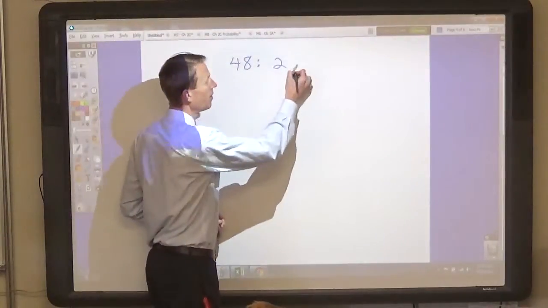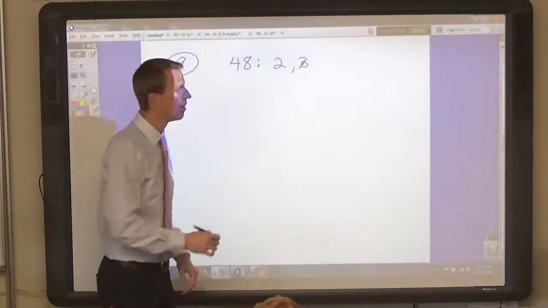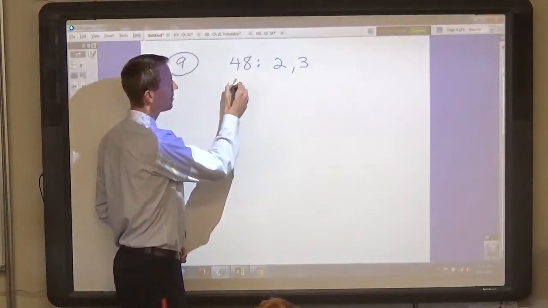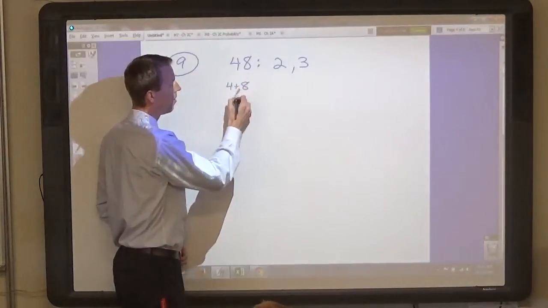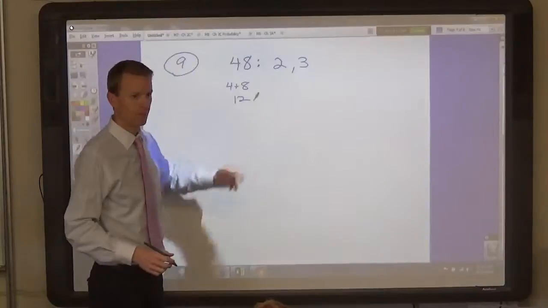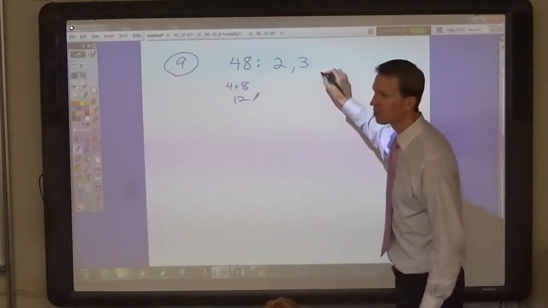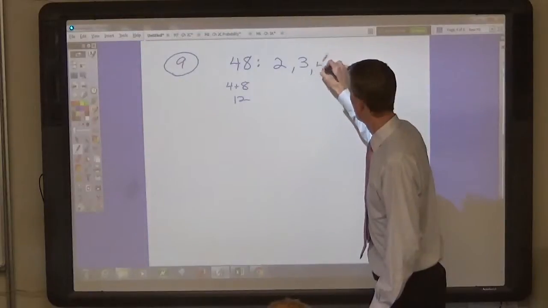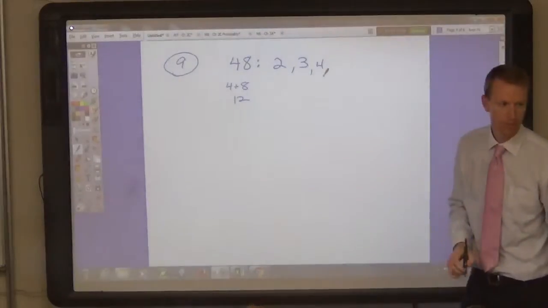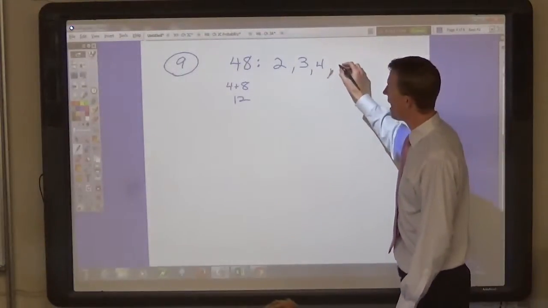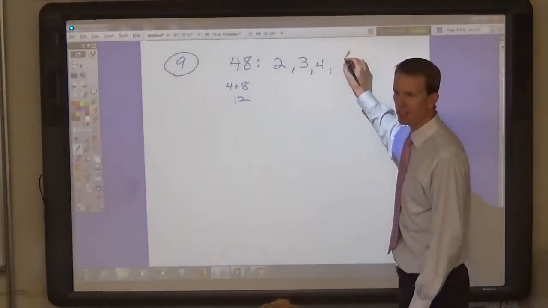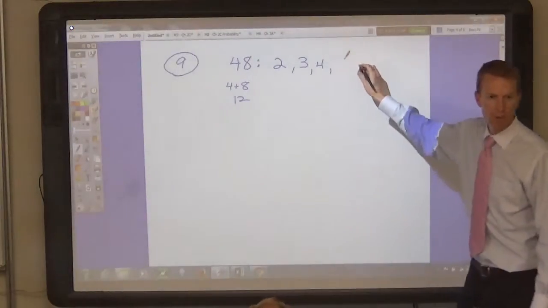Yeah, so 3 works. The sum of the digits is 12. Right? Is it divisible by 4? Yes. 4 times 12, right? Is it divisible by 5? No. 6. Yes.